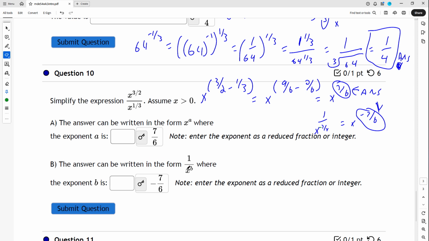When b is equal to a negative, that means it belongs someplace else.